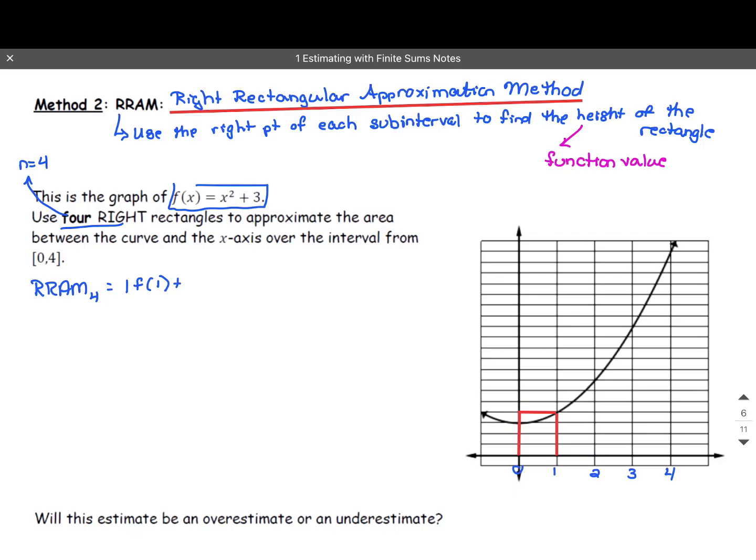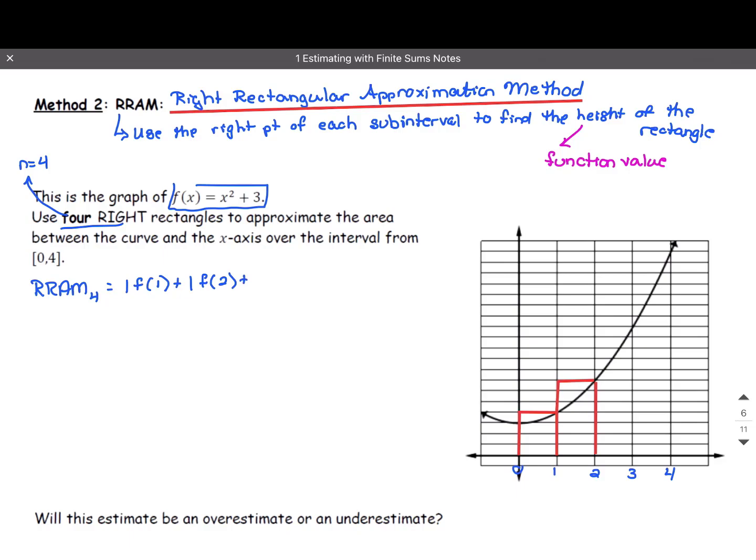Plus, now between 1 and 2, 2 is the number on the right. So we use 2 to find the height. Follow it back to the beginning of the interval and down. Now we have that rectangle. The base of that rectangle is 1. From 1 to 2 is a change of 1. And the height, we're using 2 to find the height of the function.